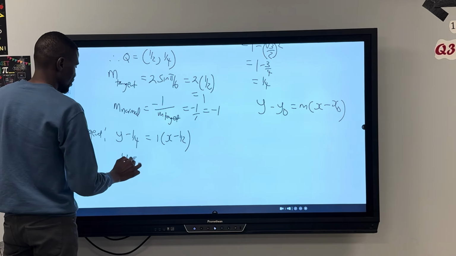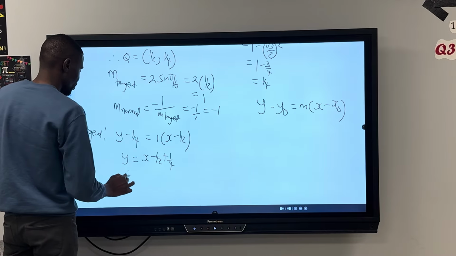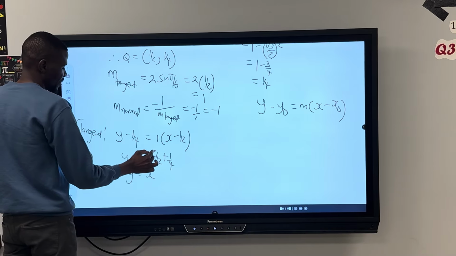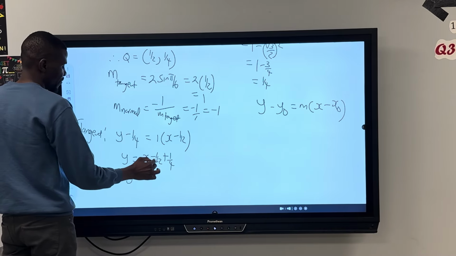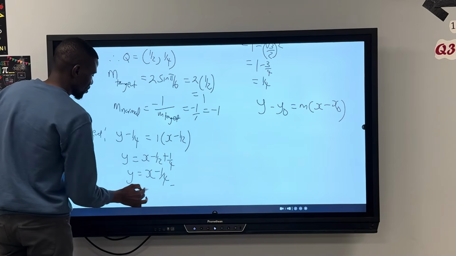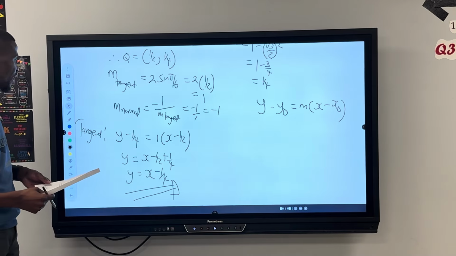So y is equal to x minus 1 half plus 1 over 4. So y is equal to x, and here minus 1 half is going to be minus 2 over 4, plus a quarter, so the equation of the tangent is y equals x minus 1 over 4.